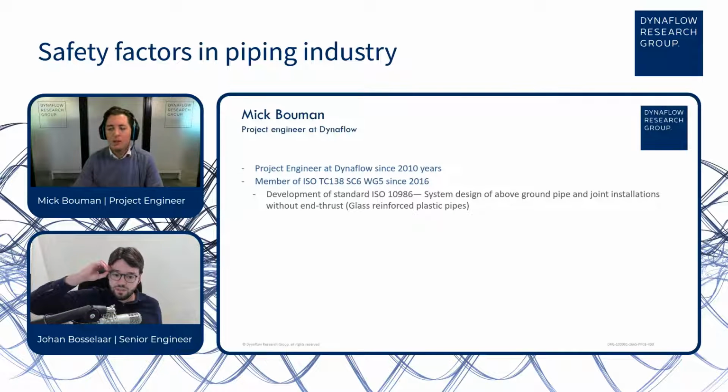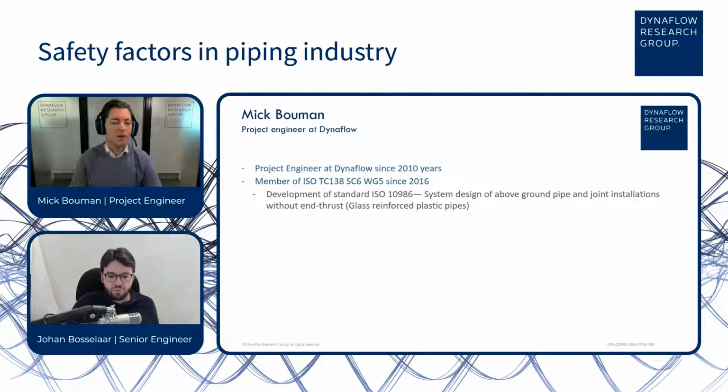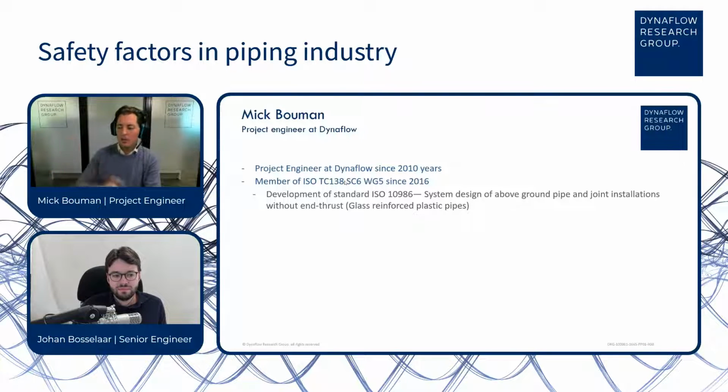On the screen, I see that you're a member of the ISO TC 138. What does that mean? The ISO standardization body has all kinds of technical committees that deal with specific subjects. Some may deal with steel structure design, some with buildings and bridges.